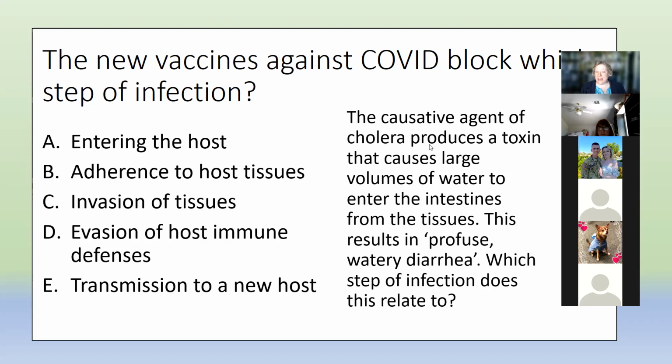So the toxin does enter the cells, but we don't consider that invasion by the pathogen itself. It's kind of like if it's releasing exoenzymes, and those exoenzymes are not causing the pathogen to be able to get into the tissues, we don't include that in invasion. Don't ask me why, but we don't.